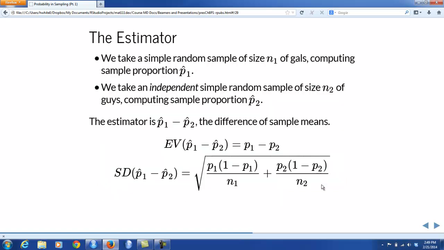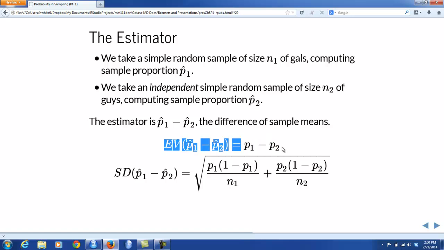So for your estimator, you're taking a simple random sample of size, say, N1 from all the gals, and from that sample you compute a sample proportion P1 hat, the proportion of those who favor capital punishment. Take an independent simple random sample of size N2 from all the guys, computing a sample proportion P2 hat. The estimator is P1 hat minus P2 hat. So we need to simply compute the expected value and the standard deviation using the appropriate formulas.